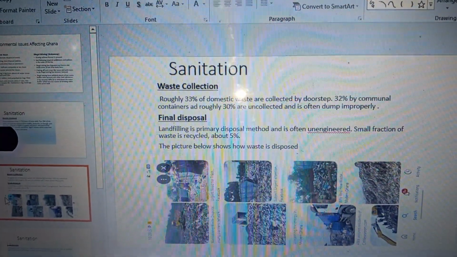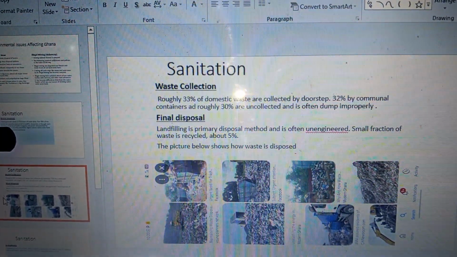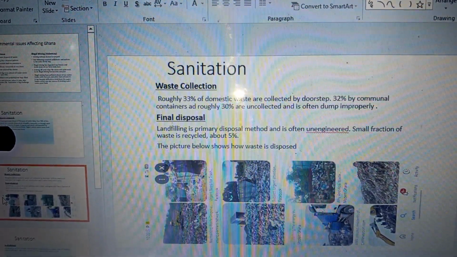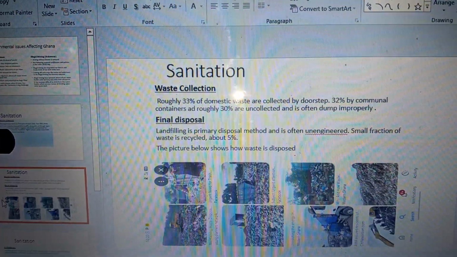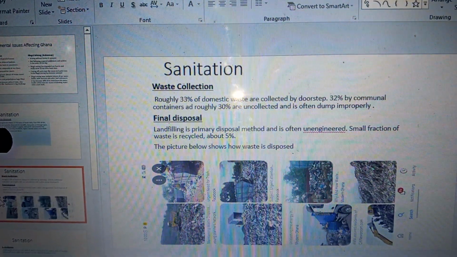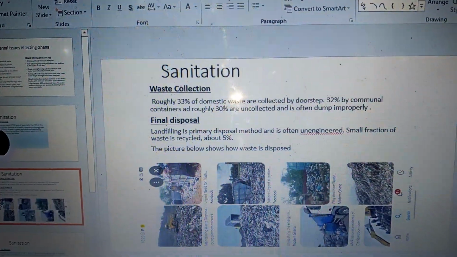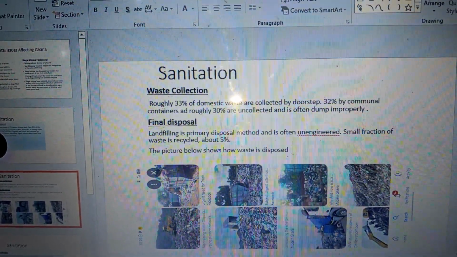People dispose of the waste generated by them into communal containers. And roughly 30% of the waste is uncollected and is often dumped rampantly around improperly.